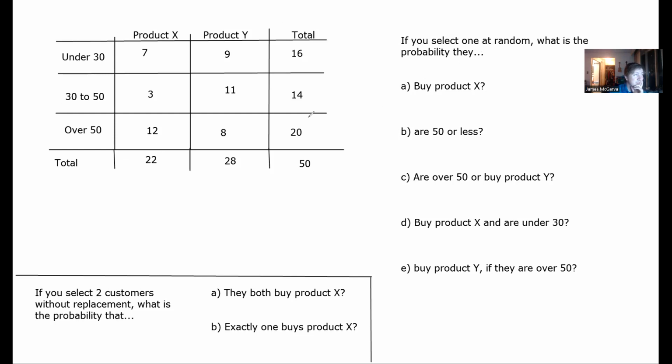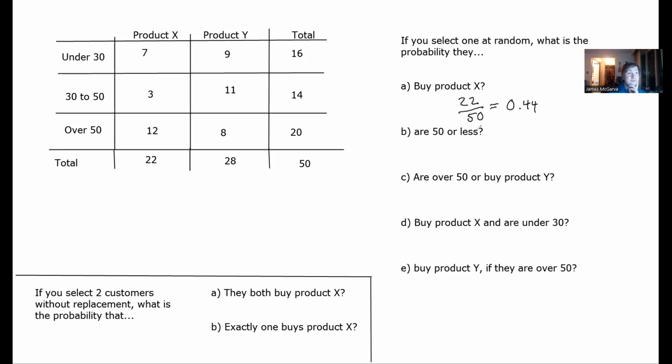Okay, so we've got this table that shows our 50 customers, and they're split up into different categories based on their age and based on which product they buy, product X or product Y. And we want to know what's the probability a randomly selected customer buys product X. So we just look at, hey, 22 total customers buy product X out of 50. So the answer is just 22 out of 50. Right, so 0.44. And that's it. It's that simple.